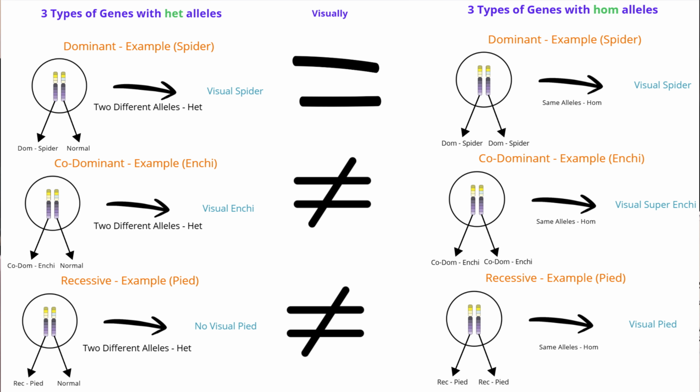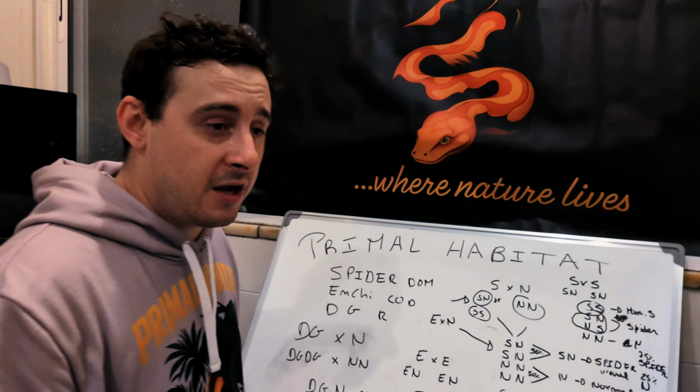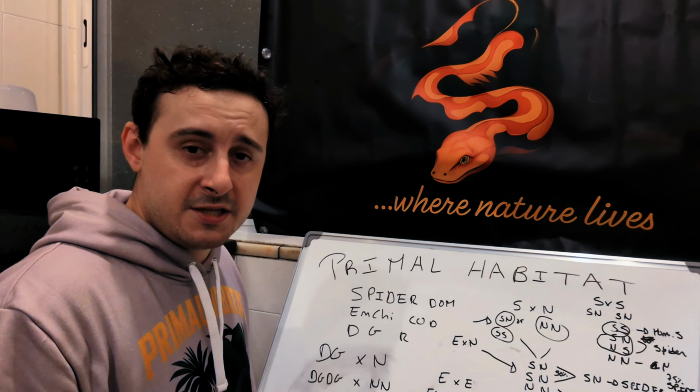Difference between dominants and codominants is dominants, when they have two alleles of the same genetic trait in the gene, do not produce superform, so the visual is the same as the normal form, and codominants produce a superform which visually is very different.